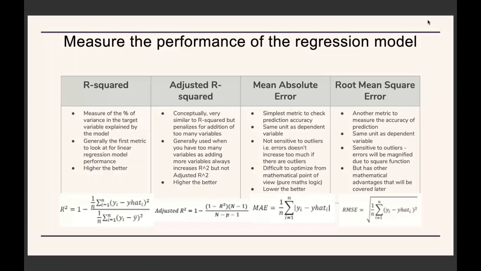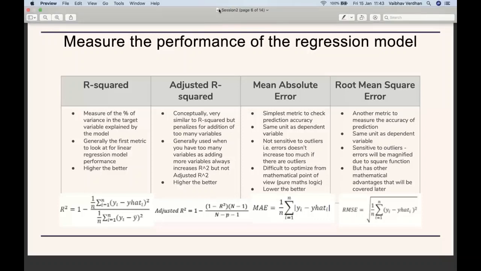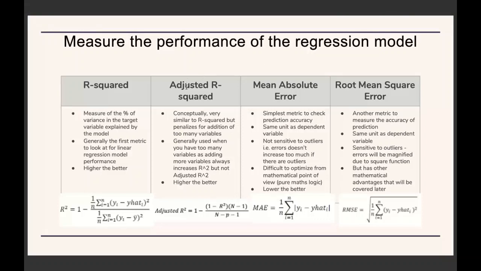The customer's shoe number will not have any impact on the probability to buy, right? So if you include such a variable in your model, adjusted R square will penalize your R square value. So in all practical sense, we always prefer to have adjusted R square as the KPI which we want to optimize, which we want to maximize.